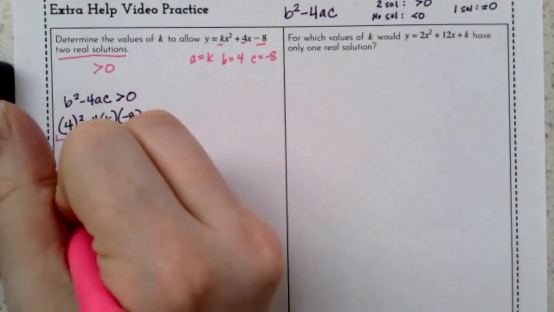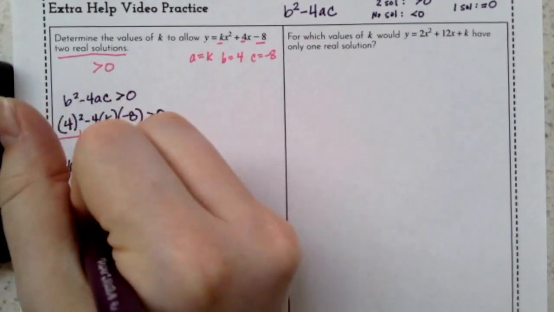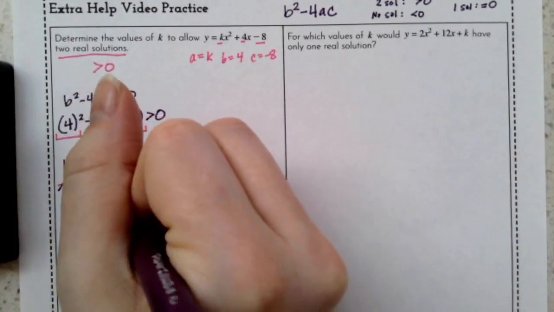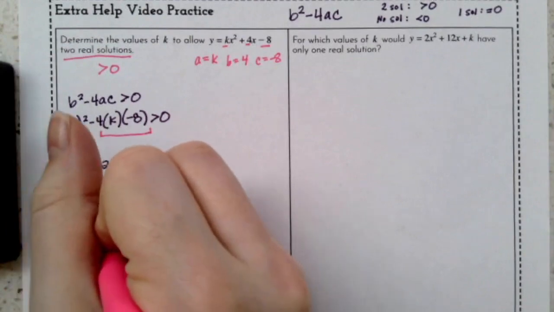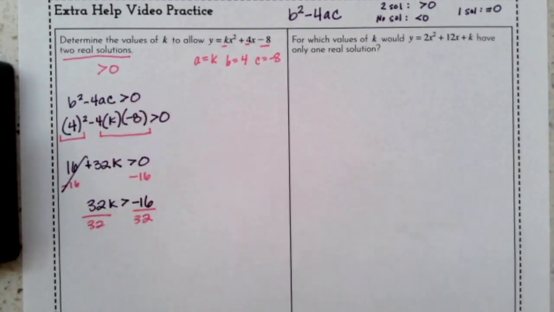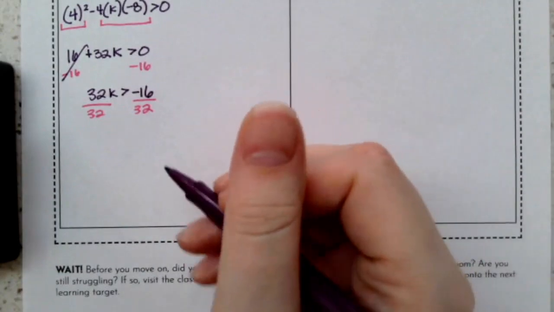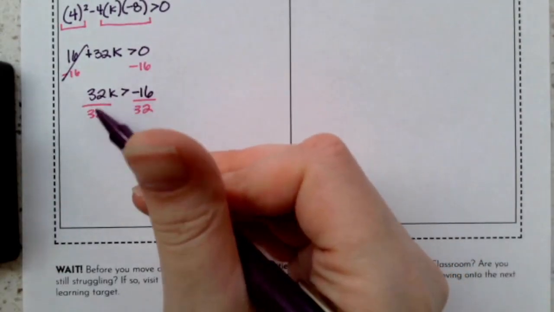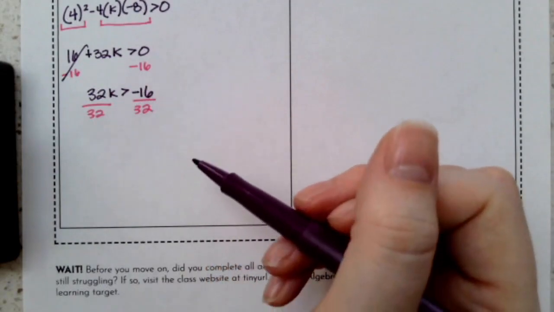So then we would want to subtract 16 from both sides to get 32k is greater than negative 16. And then divide both sides by 32. And remember, if you ever divide by a negative number, you would want to flip your sign. But I'm dividing by positive 32. It does not matter that 16 is negative.